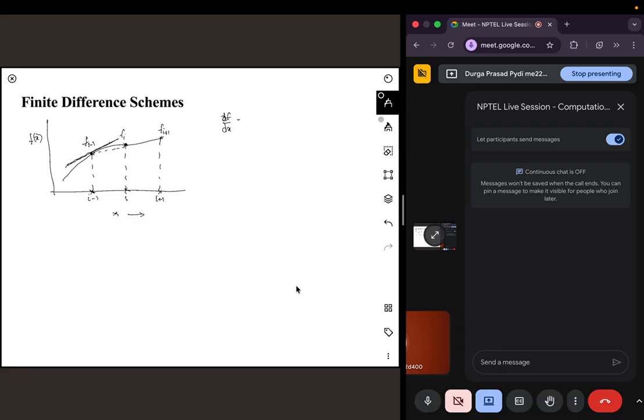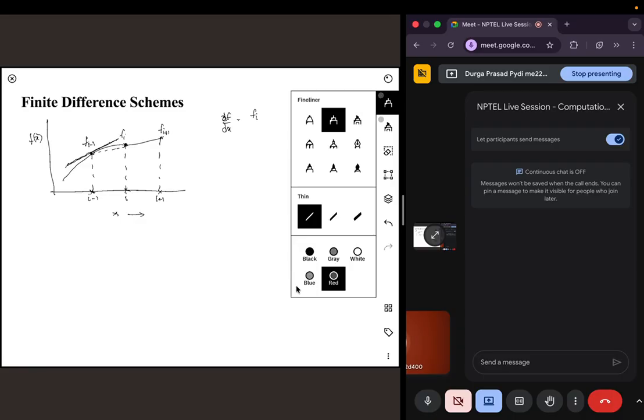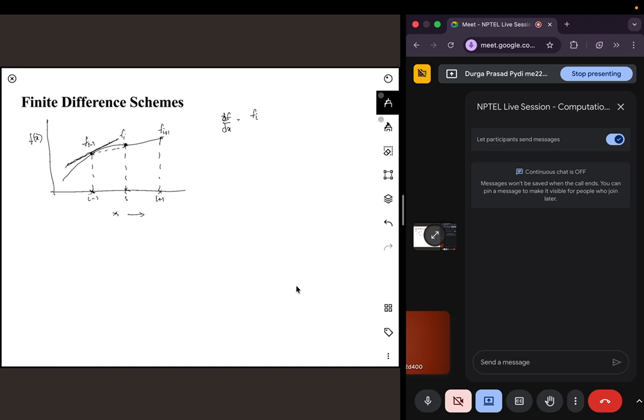So the first one is a forward difference scheme. We approximate the slope of this line, which is the analytical slope, to be the slope of this line between these two points. So you obviously know that there is an error between these two. This line is not exactly parallel to this line. But as this point gets closer and closer, if this point was drawn a little closer, up somewhere here, then my approximation would be very closely parallel to the original slope.